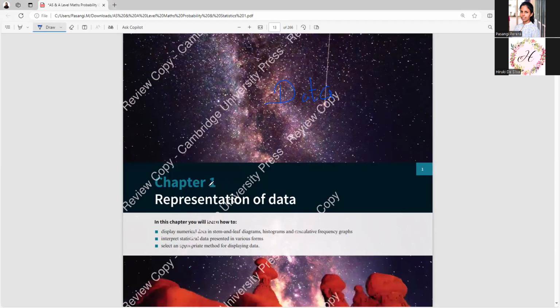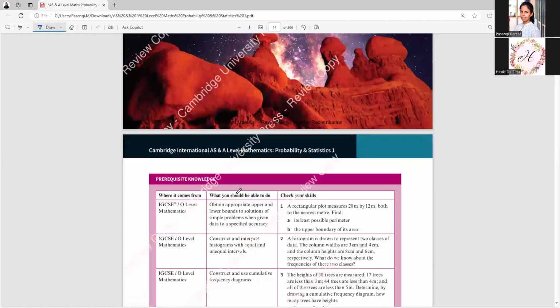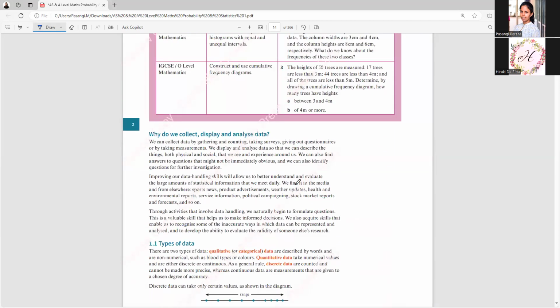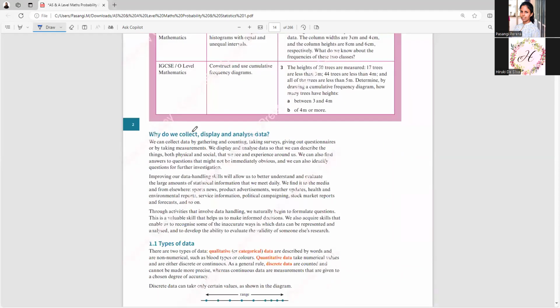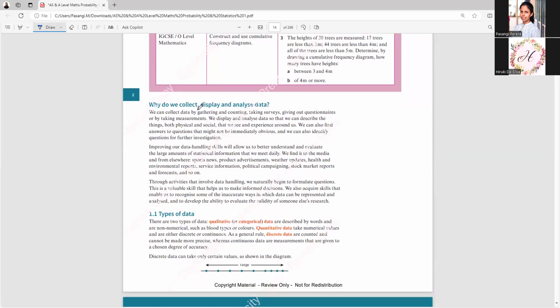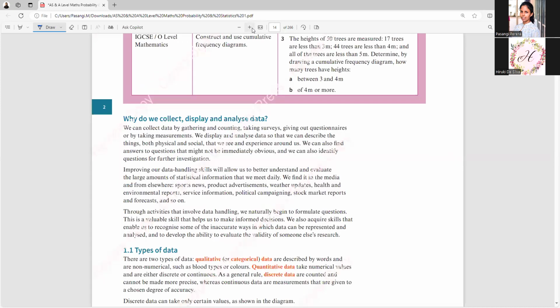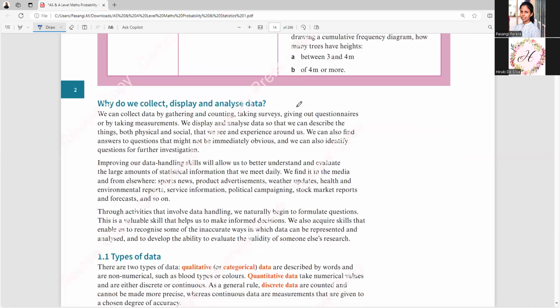Now, for chapter 1, representation of data, I'll move to the theory part. Why do we collect, display, and analyze data? We can collect data by gathering and counting, taking surveys, giving out questionnaires, or by taking measurements as well.